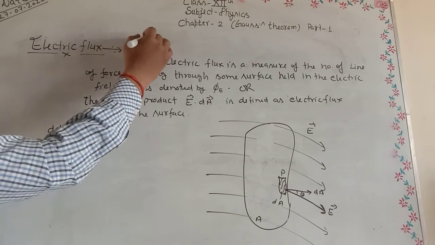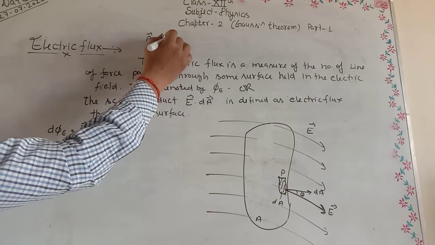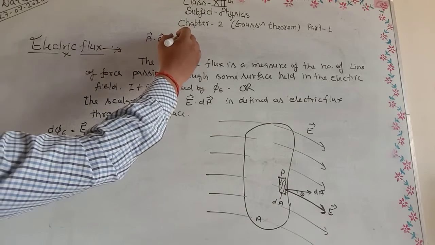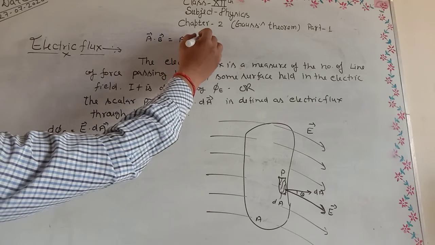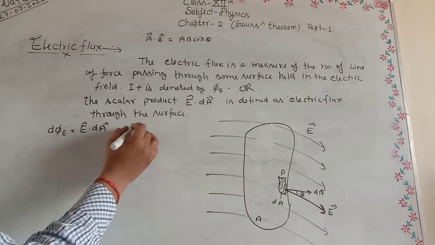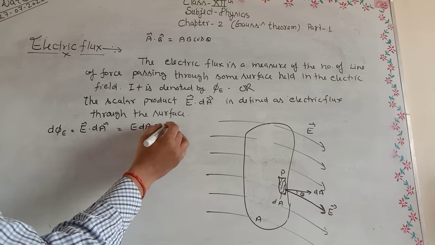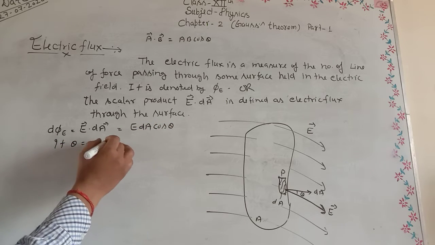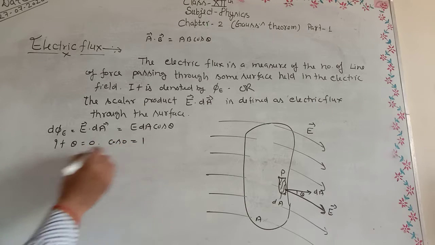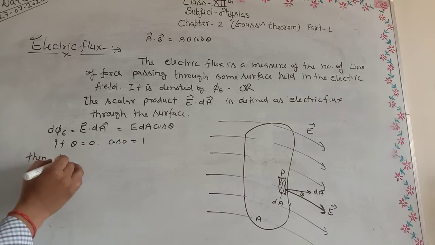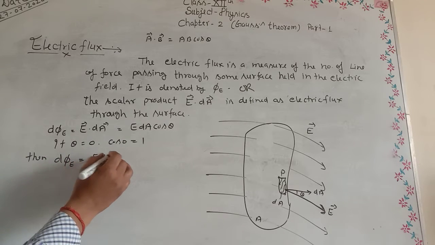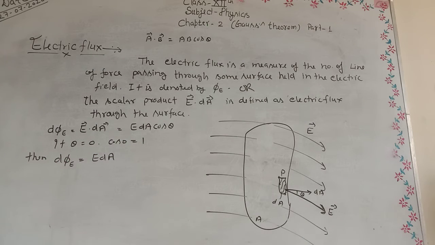A dot B, we know that AB cos theta, then E dA cos theta. If theta is equal to 0, cos 0 is equal to 1, then d phi E is equal to E dA.